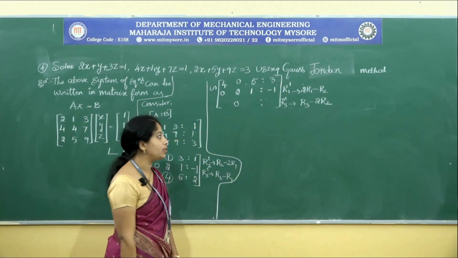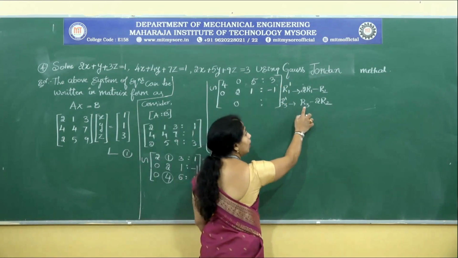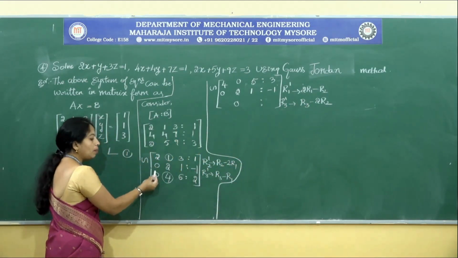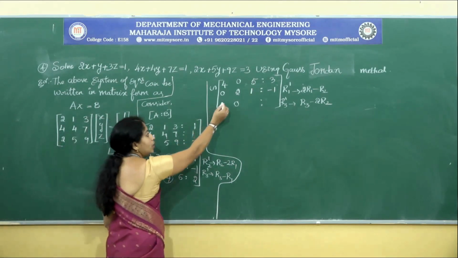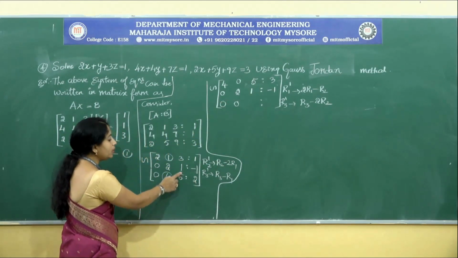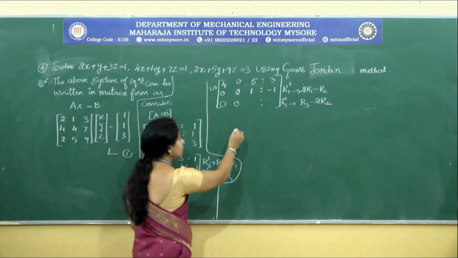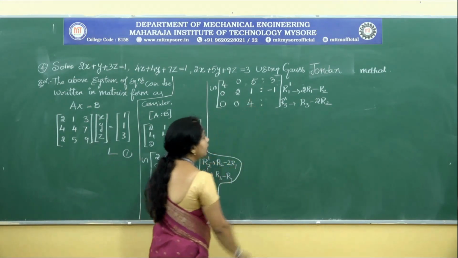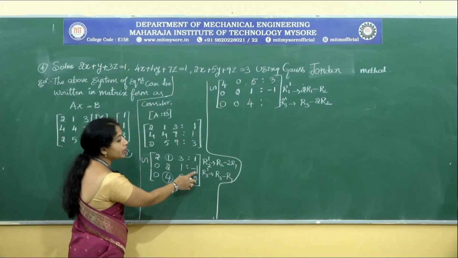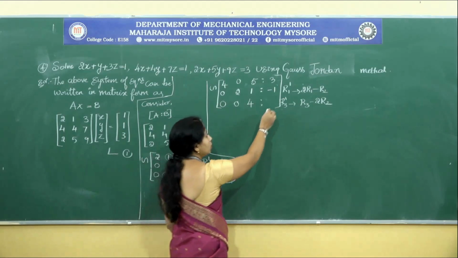See the last row operation, R3 dash is R3 minus 2 times R2, that is 0 minus 2 times 0 will be, you will get 0. Again 6 minus 2 times 1, 6 minus 2 is 4, and the last one is 2 minus of 2 into minus 1, again you will get 4.